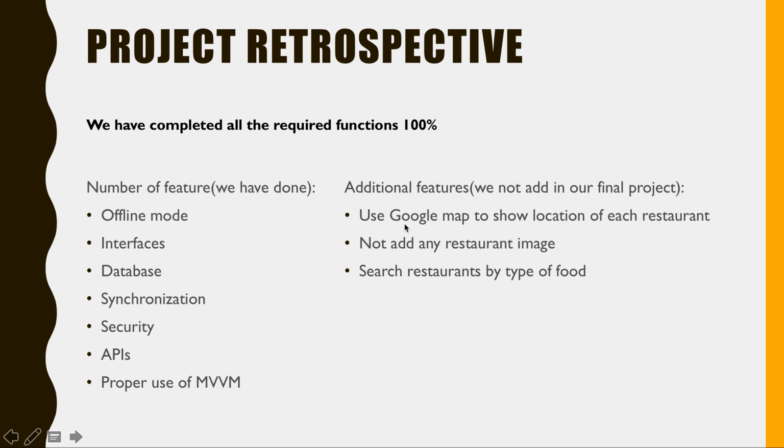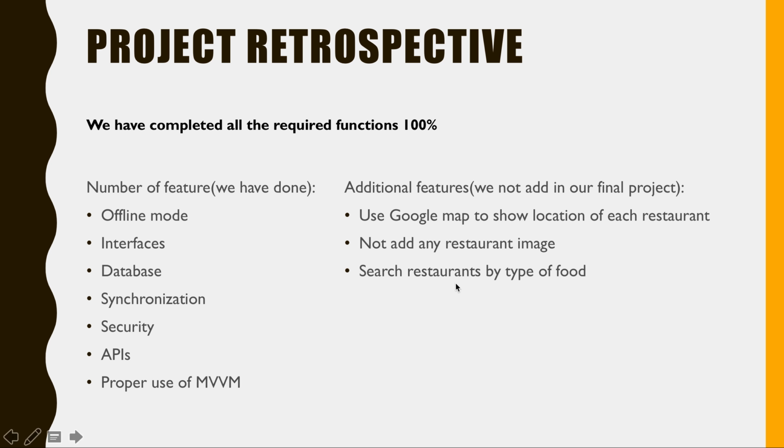For the user group map, we actually finished this part, but because of some technical reasons we could not link it to our project, so we just left it out. Another one is the restaurant image, which also could not be put in our project for technical reasons.